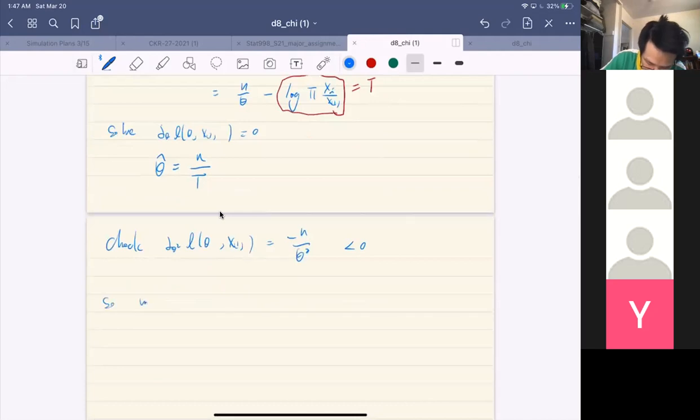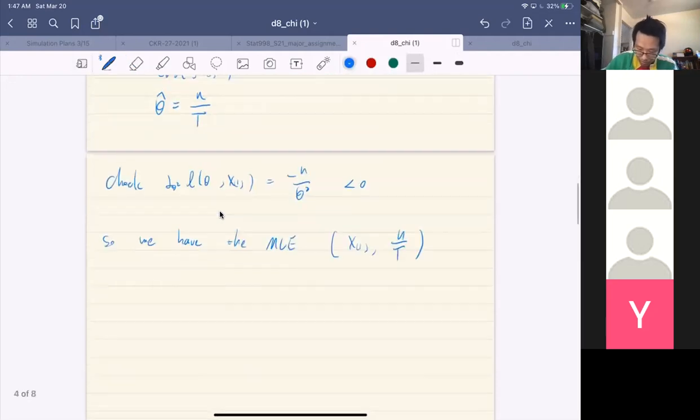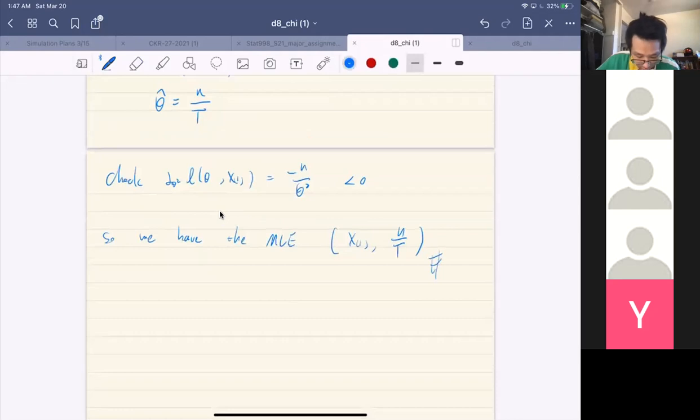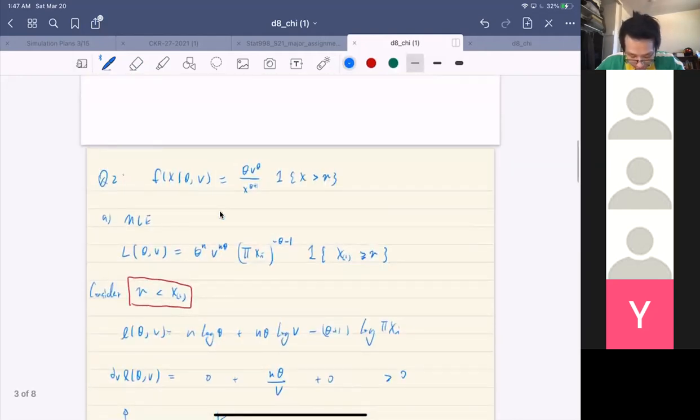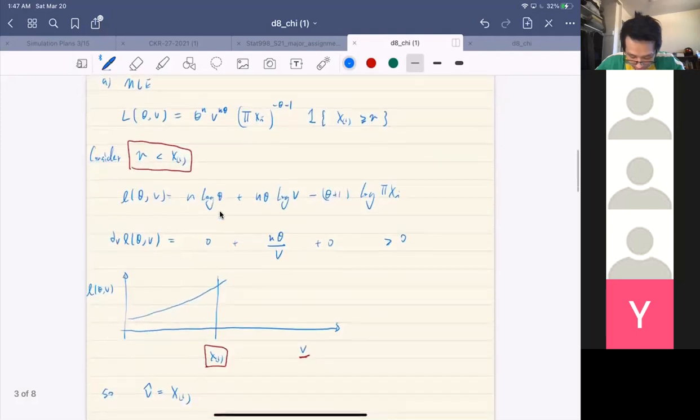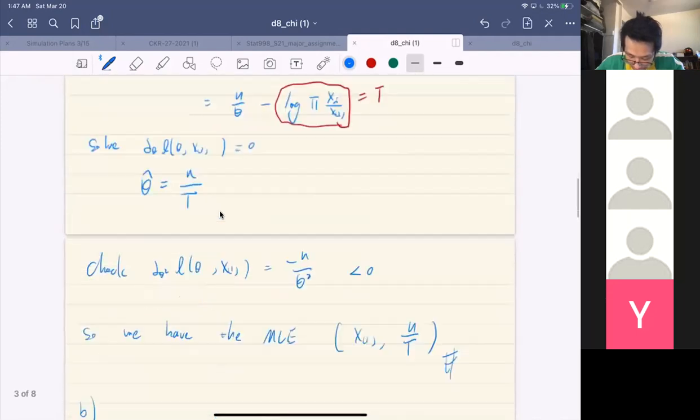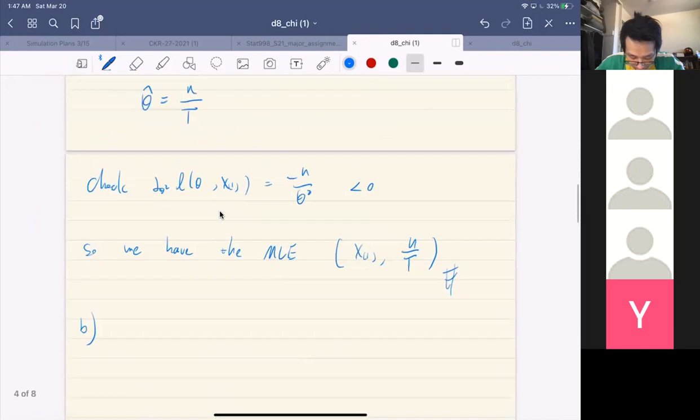So we have an MLE, S1 and theta hat. So that's the MLE. Any questions so far?